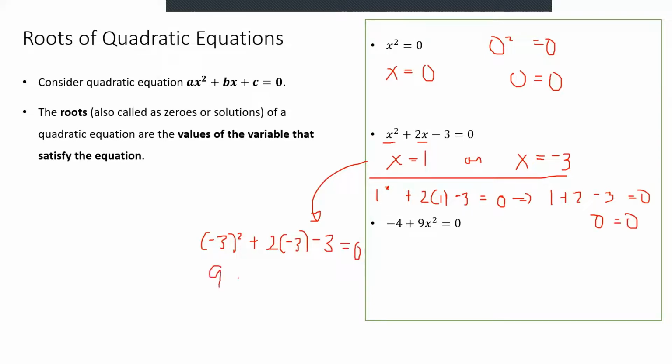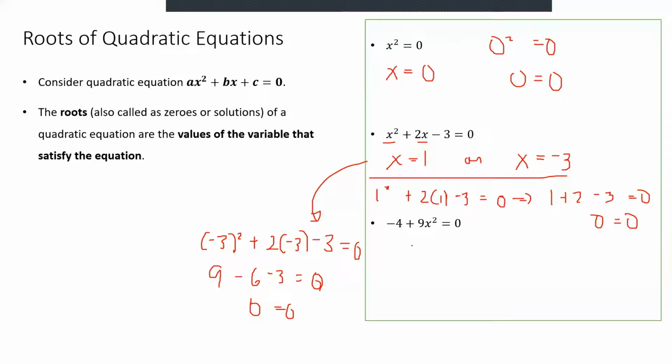So 9 minus 6 minus 3 is equal to 0, and we can easily see that 0 is equal to 0. This is also correct. So x is equal to 1 or x is equal to negative 3. These are the values that will make this equation true. So these are the roots of this quadratic equation.